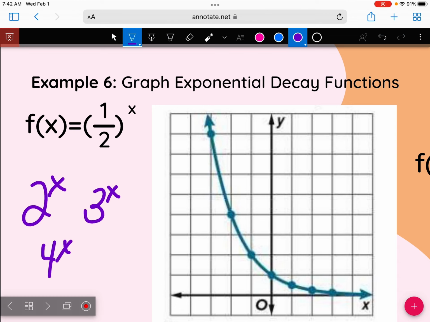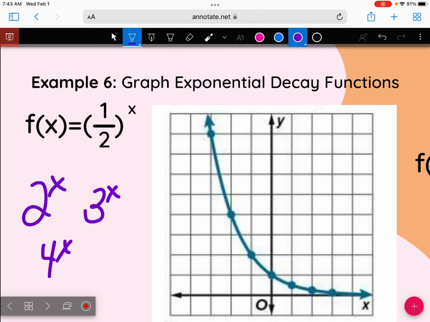Those are exponential growth. With exponential decay, there's always going to be a fraction as our b term. So this is actually one of our parent functions, the parent function for 1/2 to the x, okay? So anything that has a b value of 1/2, you're always going to want to look back at this graph to see how it transformed, okay?